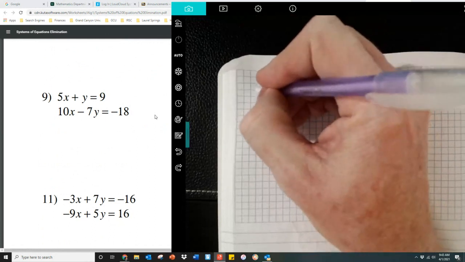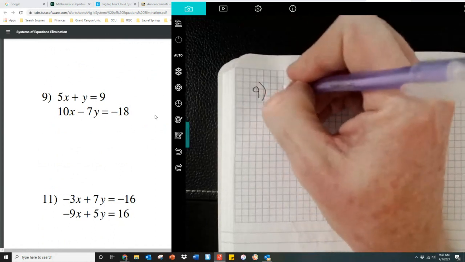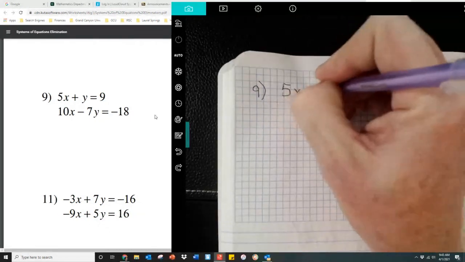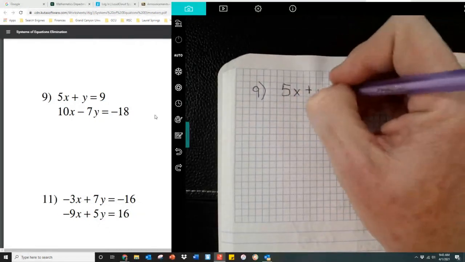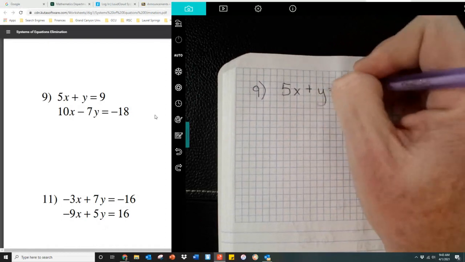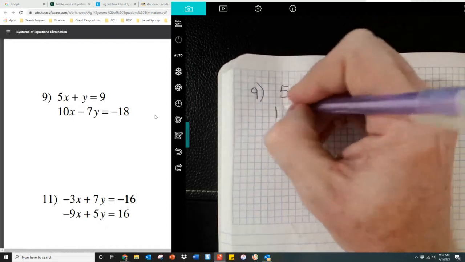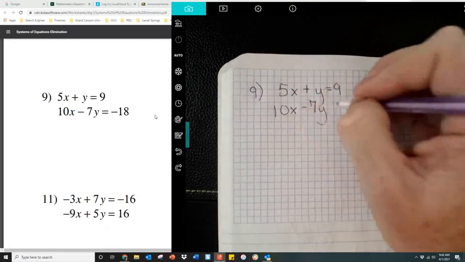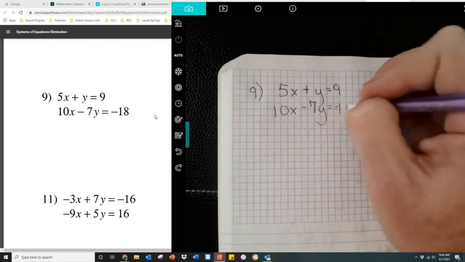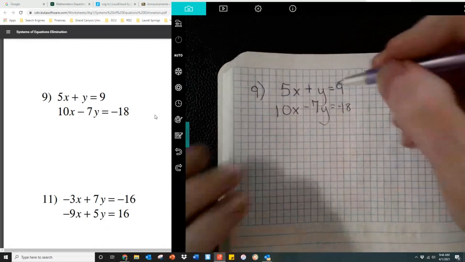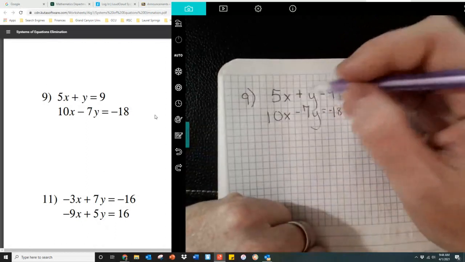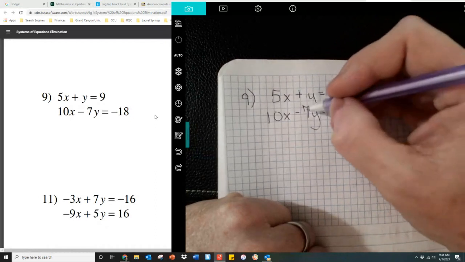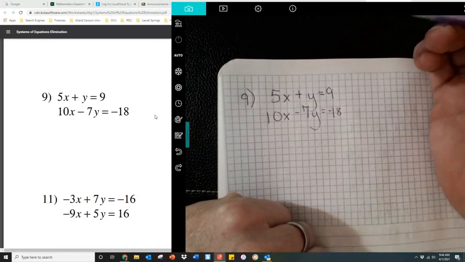Number 9, we have to do something to make them match oppositely. Now, to make this match oppositely, I need this to be a 7 here because 7 added to -7 gives me a 0.